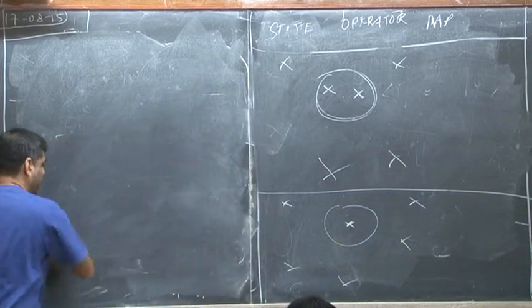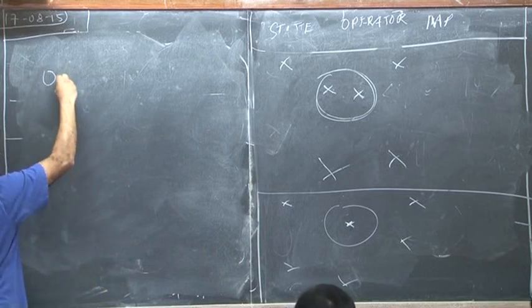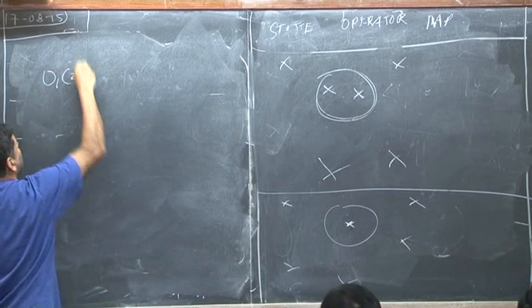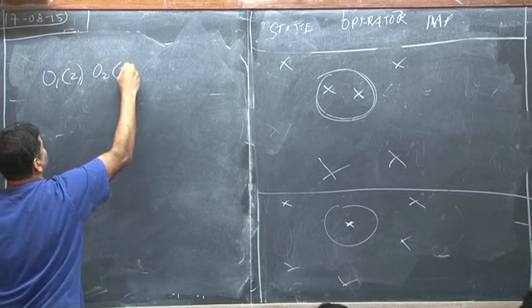what people usually use this operator product for. Suppose you have O1 of Z1 and O2 of Z2.